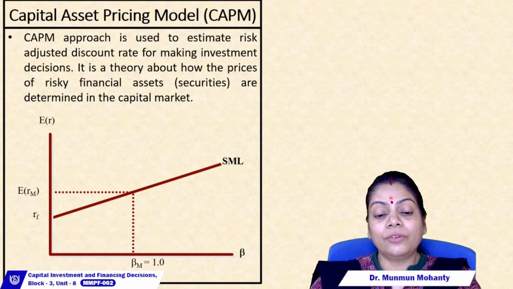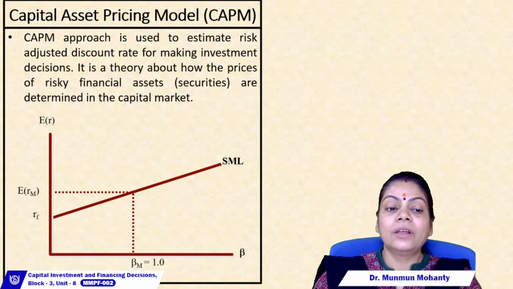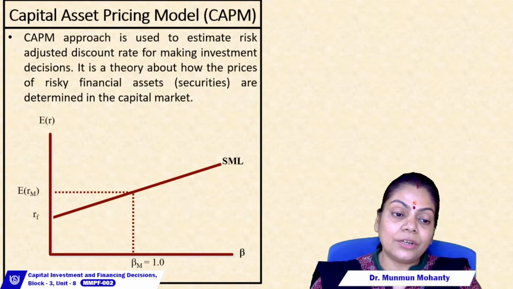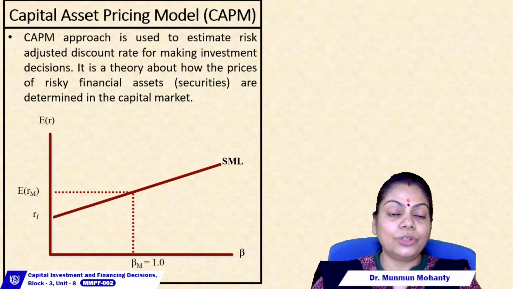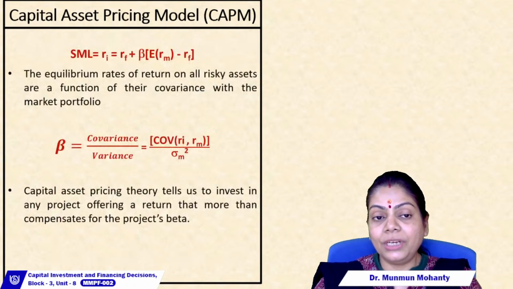For now, on the x-axis, I am plotting the beta of a company, and the SML shows the various equilibrium positions of expected return at different levels of beta. The dashed line shows beta is 1, that is the position of the market portfolio. Now we'll see how we derive equity returns from this.